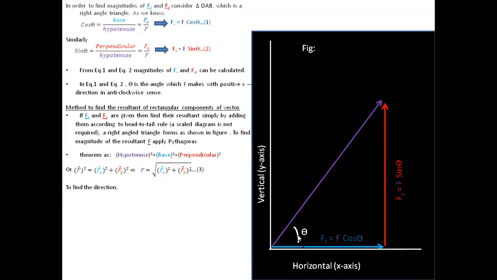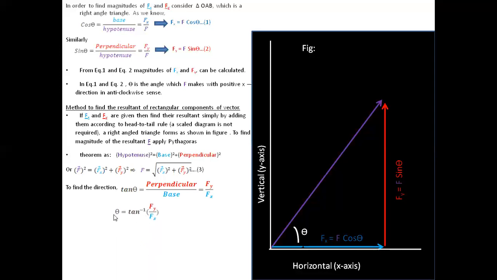Now to find the direction, we need theta. For that we use a function of mathematics again, that is tan, which represents perpendicular over base. The perpendicular is Fy, the vertical part, and the base is Fx, the horizontal part.